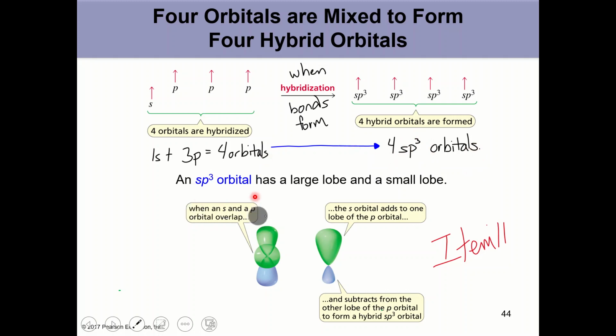An sp3 orbital has the characteristic of a small lobe shown in blue and a larger lobe shown in green.